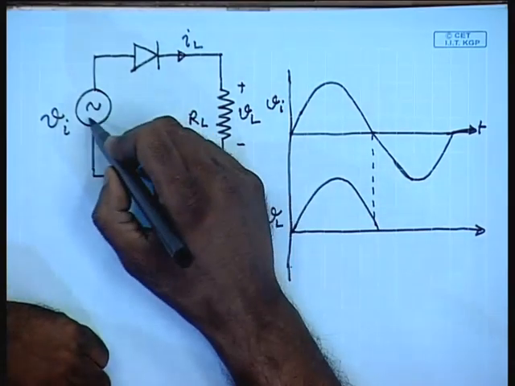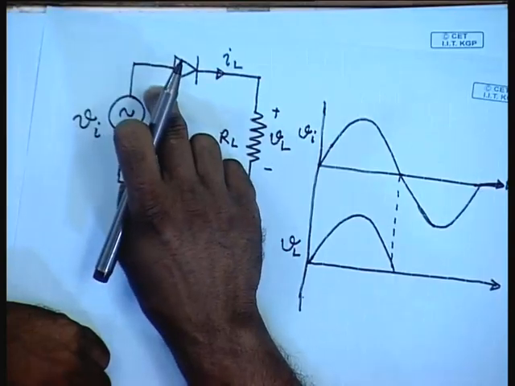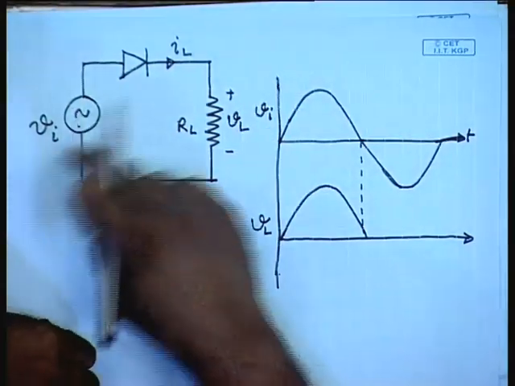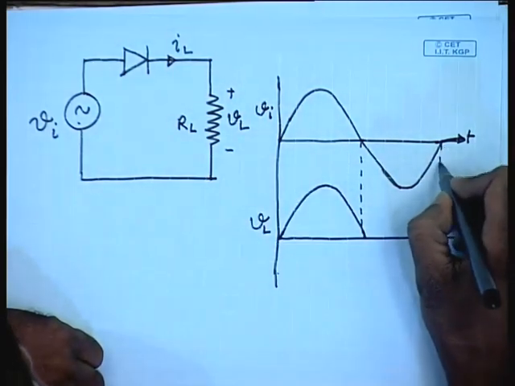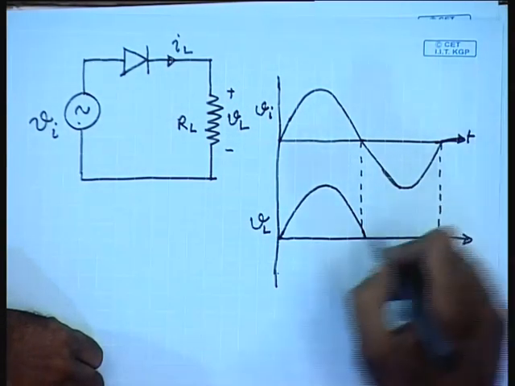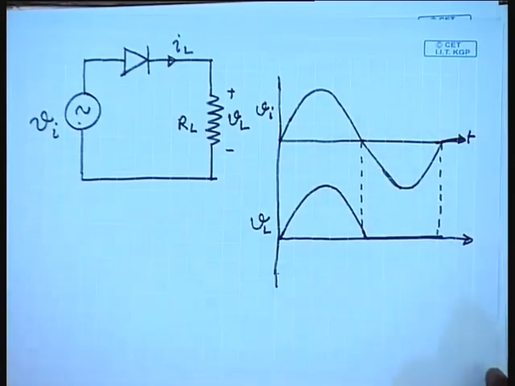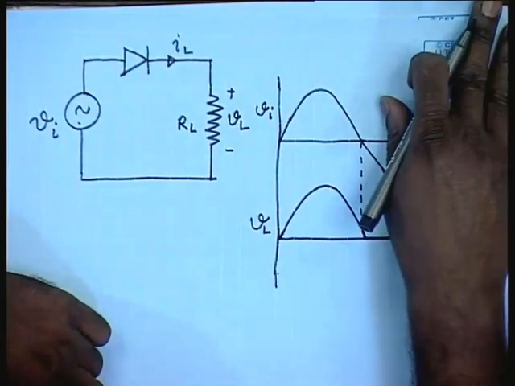When the input voltage is positive, this will behave like a closed switch, hence the input voltage will appear across the load, but when the voltage is negative, there will be no voltage. So, this is called a half wave rectifier circuit.